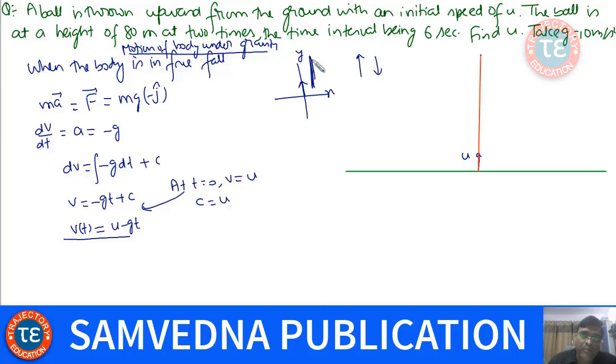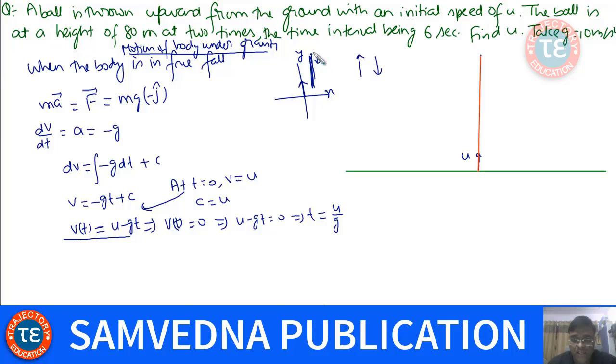And a time will come when the velocity will keep on falling, and it will become 0. When your velocity gets 0, that happens after time u by g. After this time, the velocity will go to 0, and thereafter it will reverse its direction.